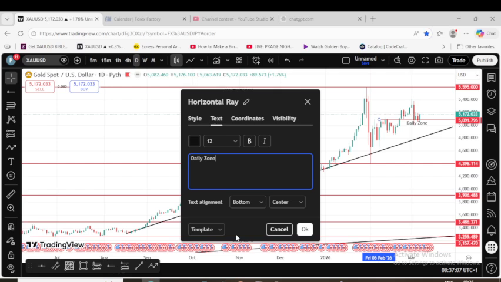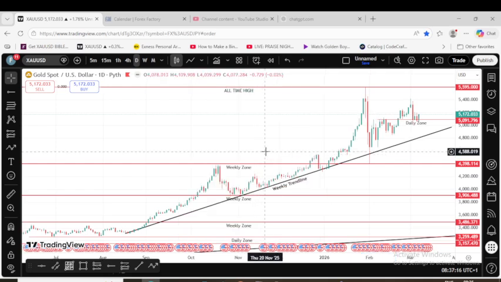Now, once we've identified our zones, the next thing for us to do is to identify our trend lines, or trend line, depending on the situation.